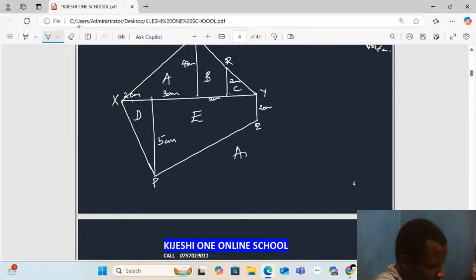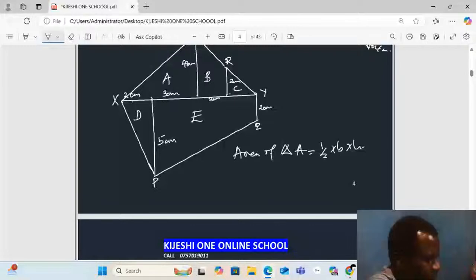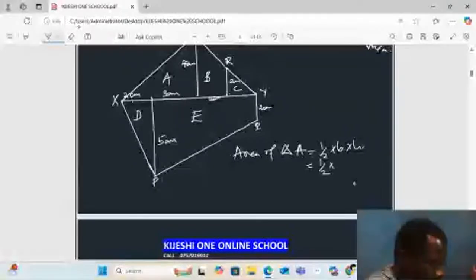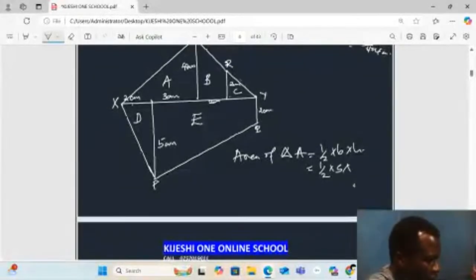Now let's start with the area of triangle A. Half times base times height. We have the base as 2 centimeters plus 5 centimeters plus 3 centimeters, times the height. The height is 4.